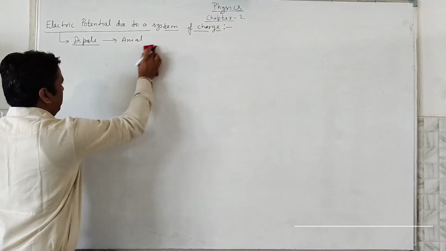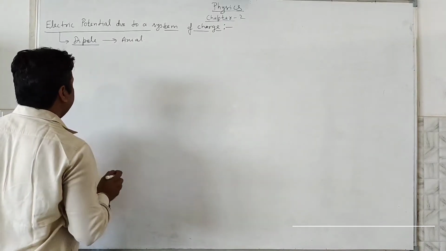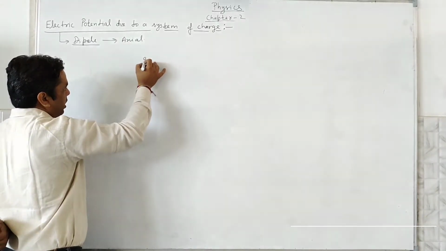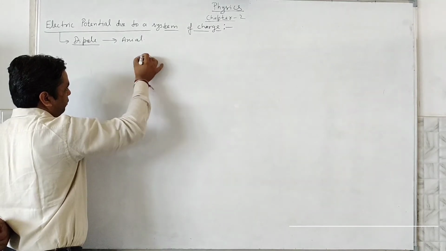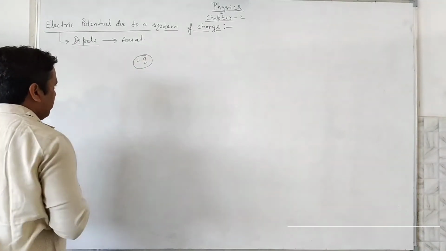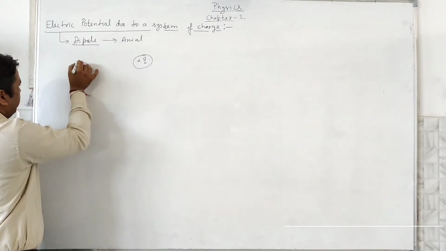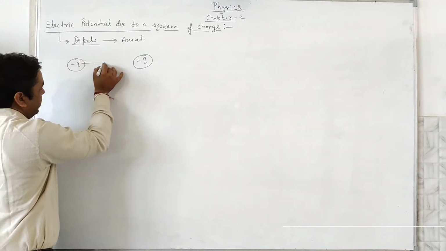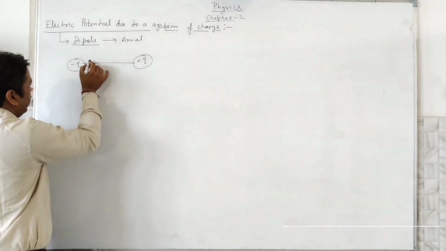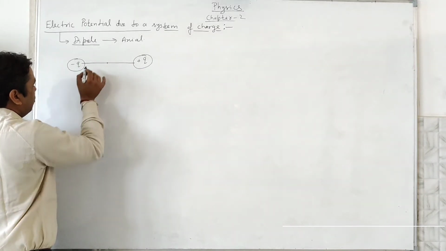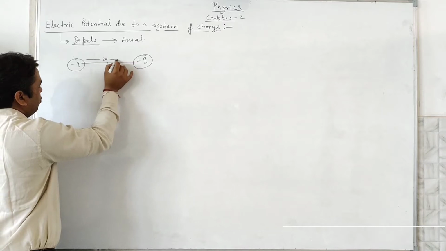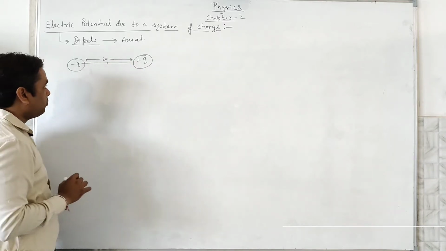What condition are we taking axially? Let's see. Imagine we have the source charge positive, and in the case of a dipole there must be another charge, a negative one. Because it is a dipole, there is a certain distance between them, and it also has a center. The distance between these two charges is 2a.